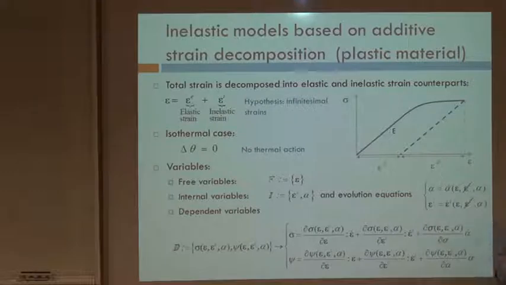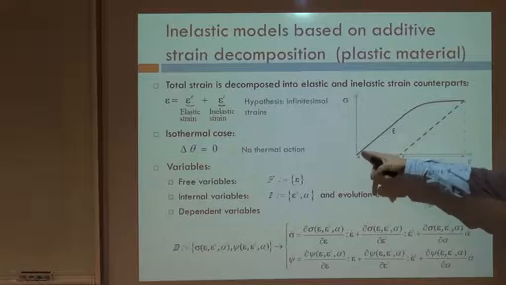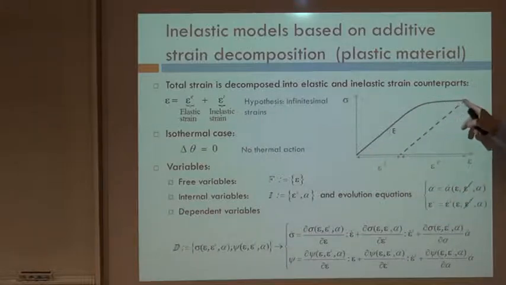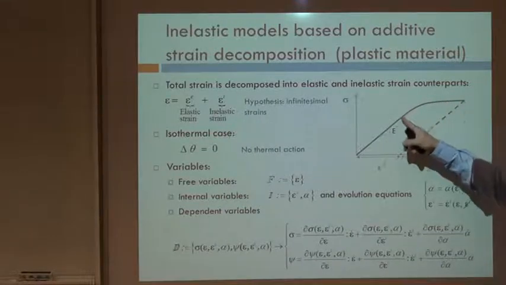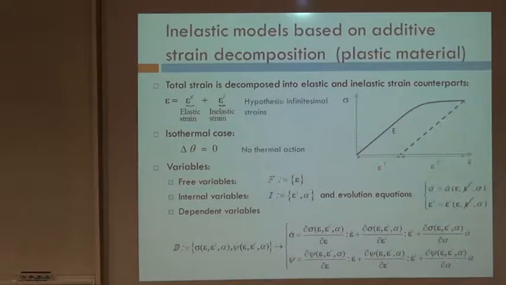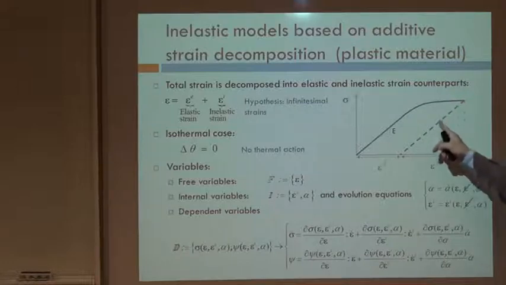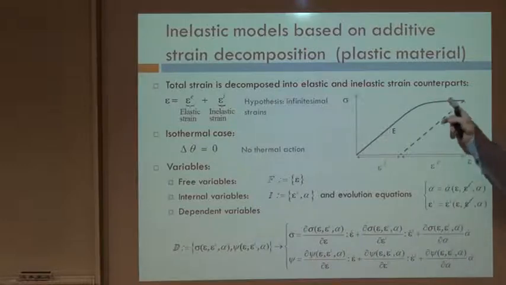But most interesting is that at a certain point, upon what is called unloading, imagine that I increase the strains up to that point, and then for some reason I decide to decrease the strains, to release them. Unlike what would happen in an elastic material, in which the behavior would be reversible and the stress-strain path in loading and in unloading is the same, in this family of materials the unloading branch in the stress-strain space is different from the loading one.